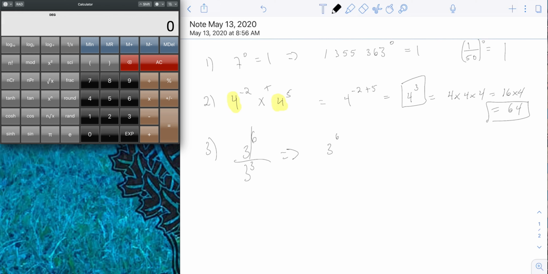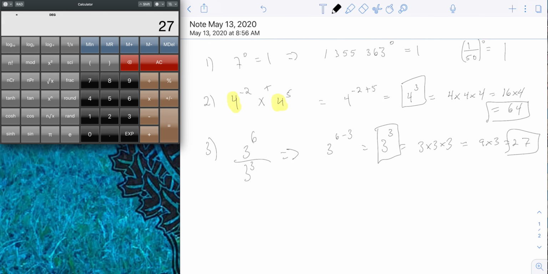When I have division, I apply what we call the quotient rule, and we're going to subtract the exponents. So it's going to be 3 to the power of 3. You could do this one of two ways. You could go 3 times 3 times 3, which is 9 times 3, which equals 27. Or you can jump to your calculator and just go 3 to the power of 3, 27. Either of those two methods will work.